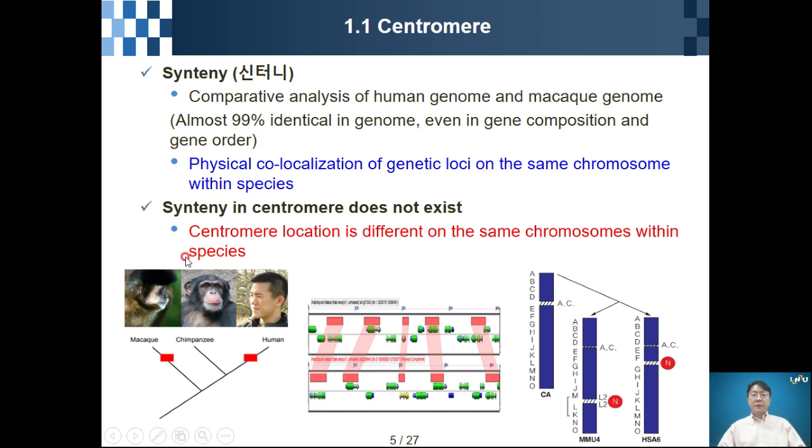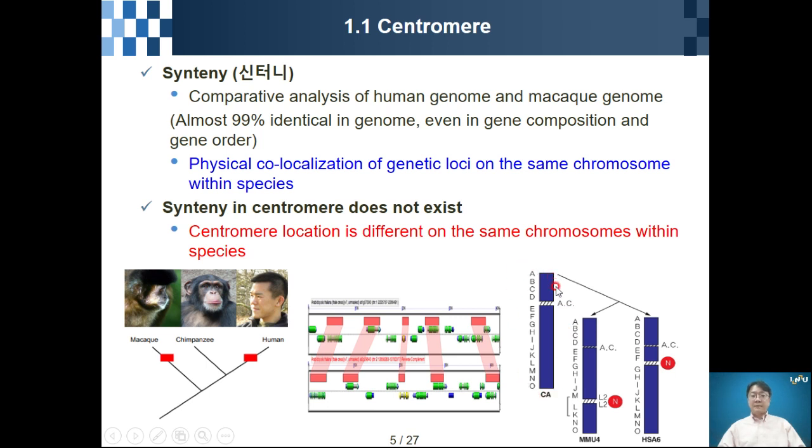But synteny in the centromere does not exist. For example, this is the usual normal chromosome structure, and the centromere is located between gene D and gene E. This is human.